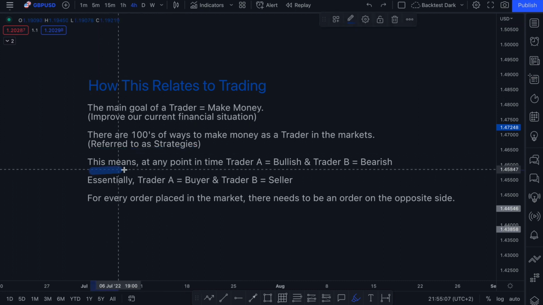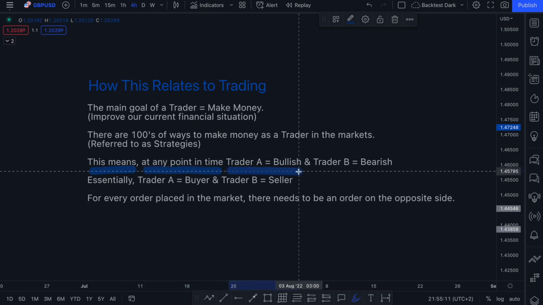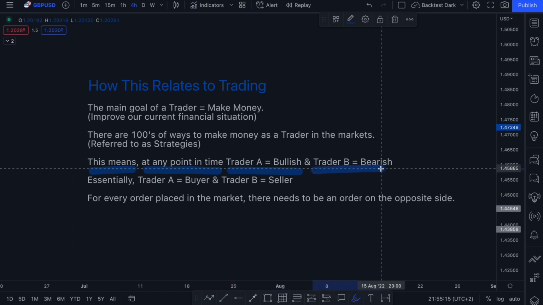Now, what this means is at any point in time, trader A will be bullish and trader B will be bearish. Okay, so if trader A and trader B are both looking at a financial instrument, trader A will, for whatever reason, have a belief that price is going to go up, and trader B, for whatever reason, is going to have a belief that the same asset is going to go down in price.